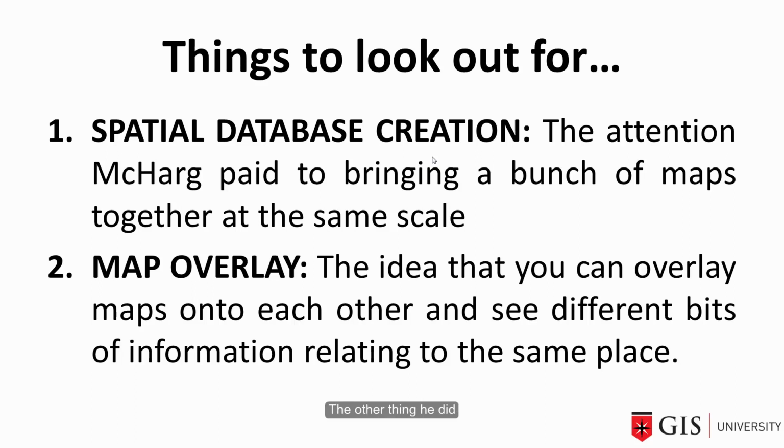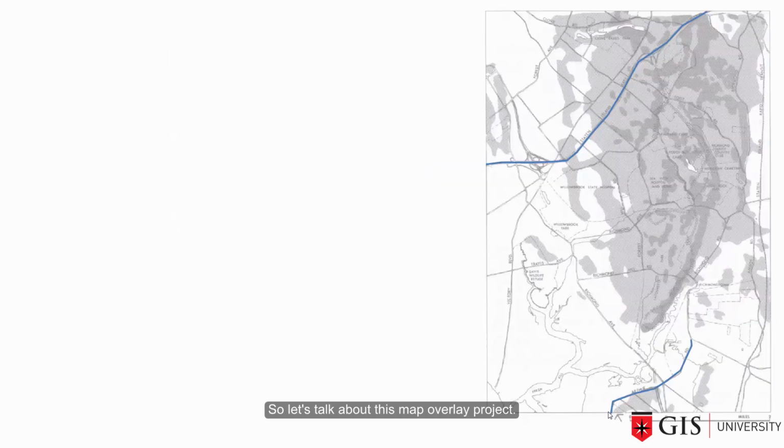And the other thing that he did that others hadn't done before is that he took his methodology to the community. And this meant that planning became more open, it became more reproducible, and it became more communicative. So let's talk about this map overlay project.